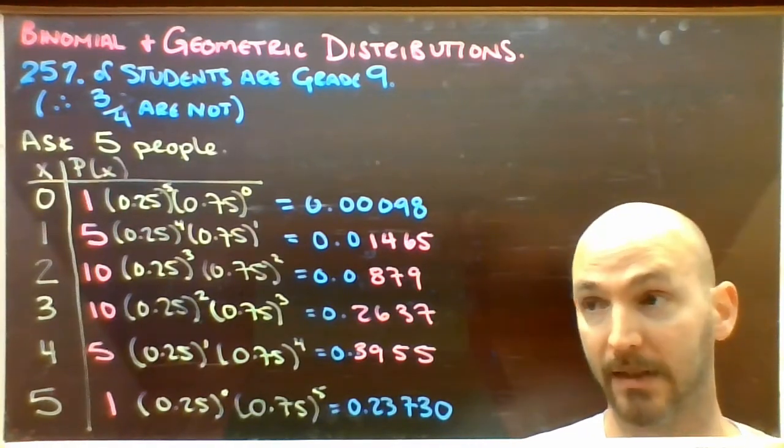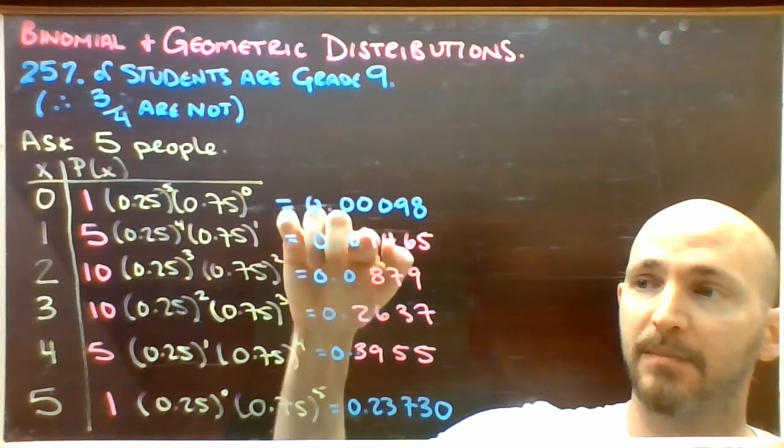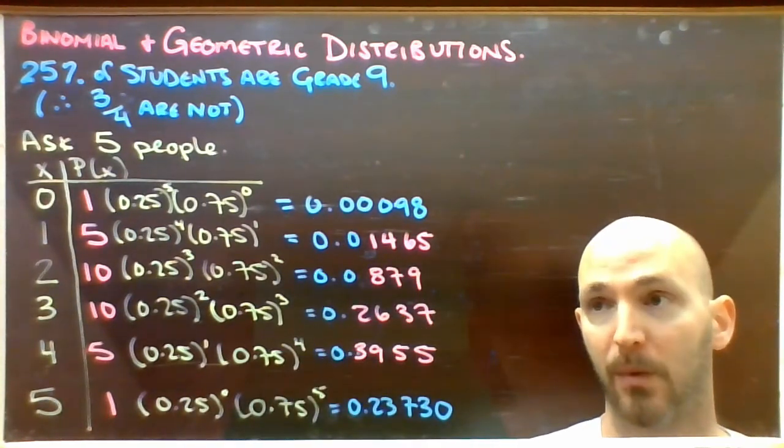Now that I've corrected this, just to prove that this is the right thing to do, if I add this plus this plus this plus this plus this plus this, I should get 100%.